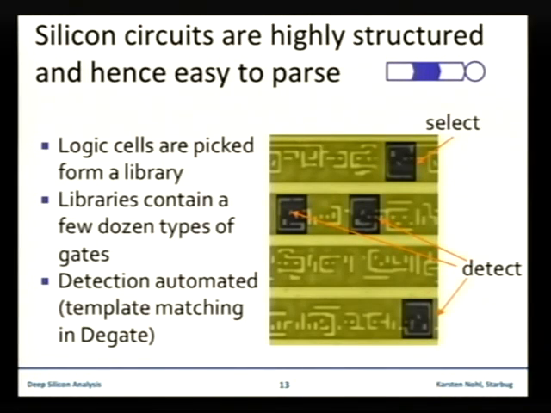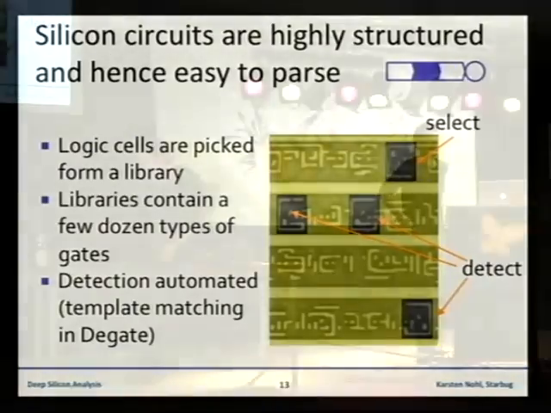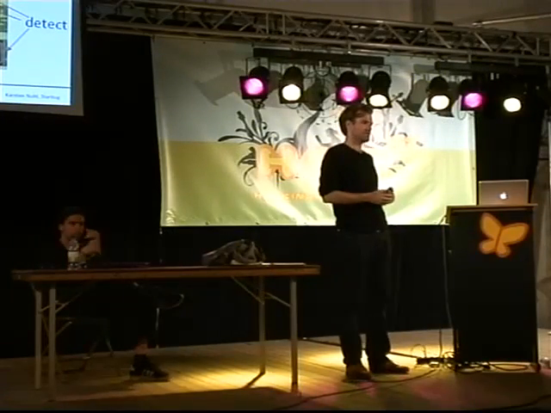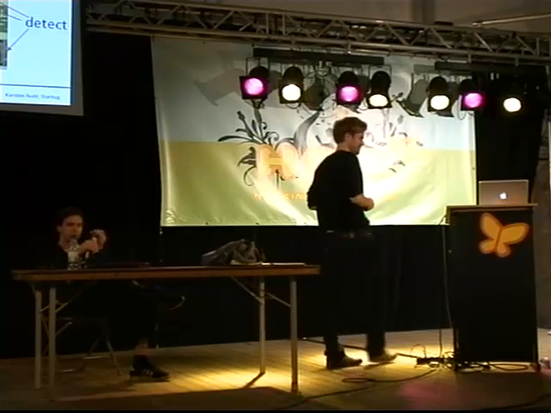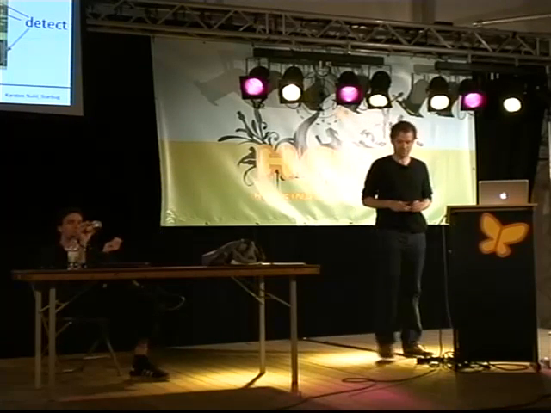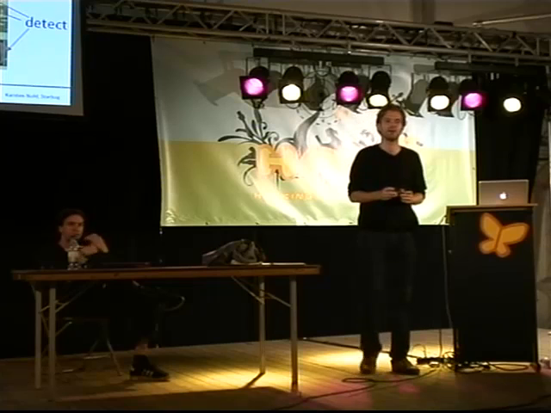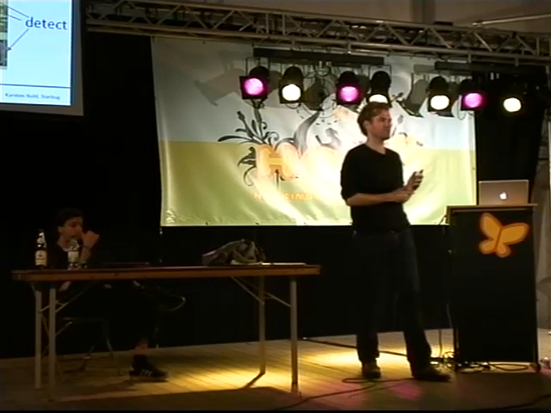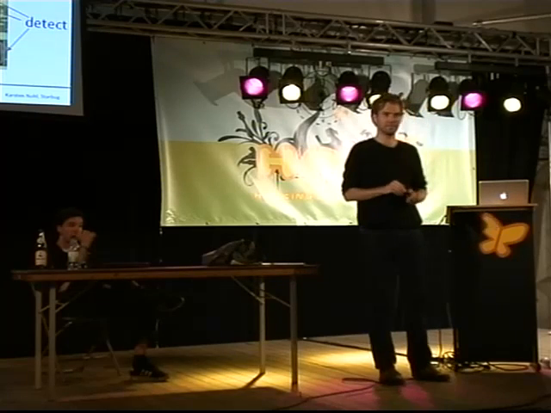Moving ahead, should I be covering this part? So yeah, now moving ahead to the second part of the reversing process, recognizing structures in the images we're taking. Let me first point out that a chip is full of recurring patterns.